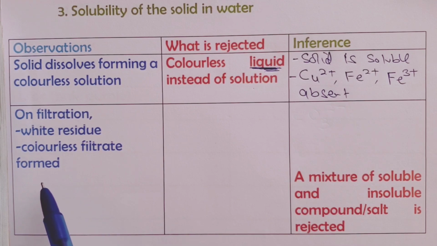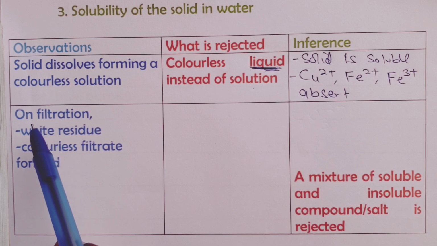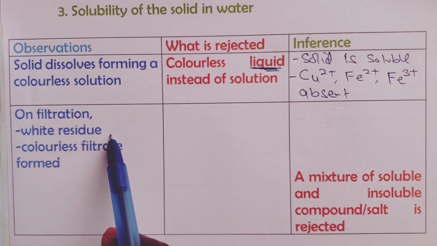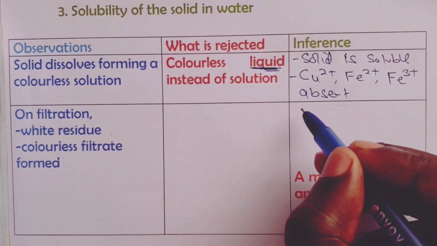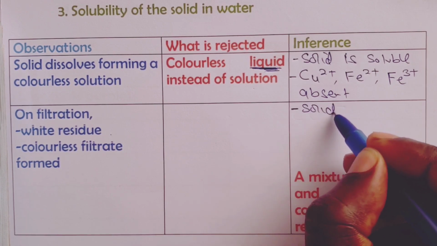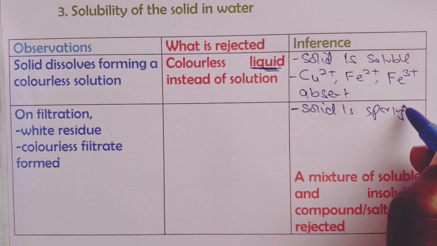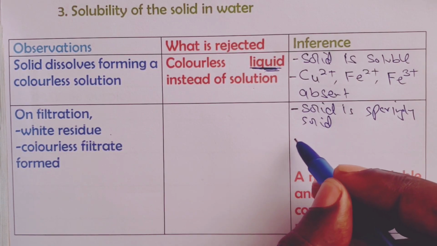Second, we can be asked to filter. If we see that on filtration, we get a white residue remaining on the filter paper and a colorless filtrate being collected, then the correct inference would be that the solid is sparingly soluble.